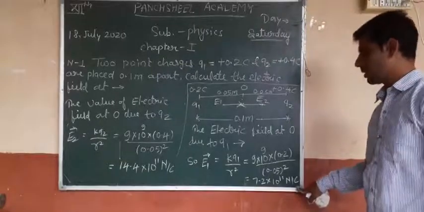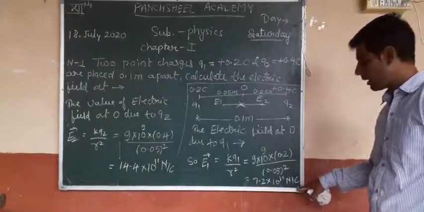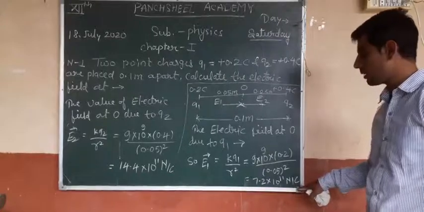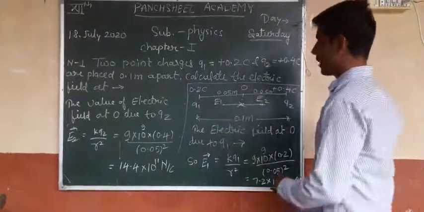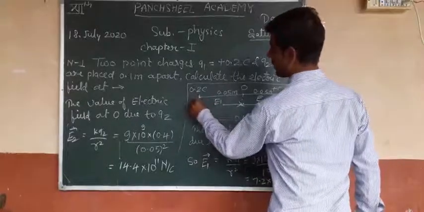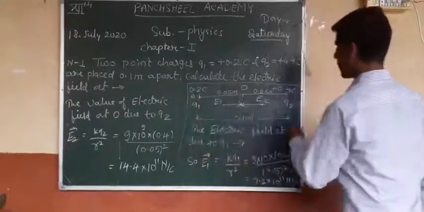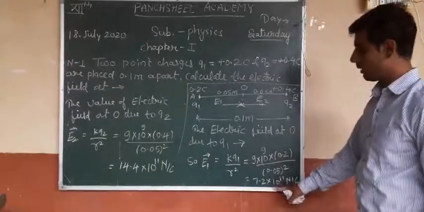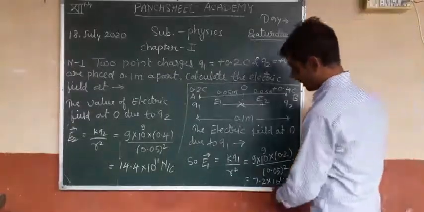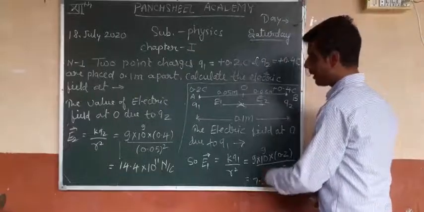So here write the direction also. Suppose I take A point here and B point here. So what is the direction of E1 electric field?